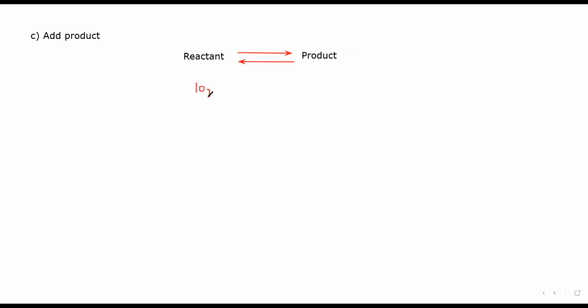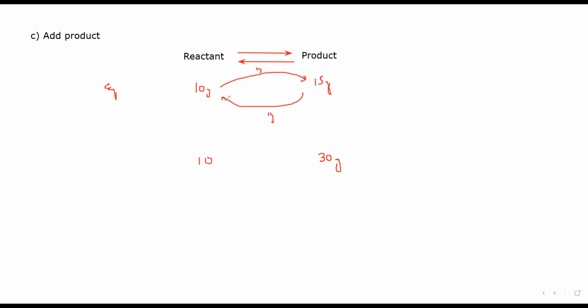So we have 10 grams of reactant, 15 grams of a product at equilibrium. 1 gram is forming a product, at the same time 1 gram decomposes and forms back the reactant. Now if we add a product, we were having 15 grams, now to an equilibrium mixture we double the amount of product. We made it 30 gram.